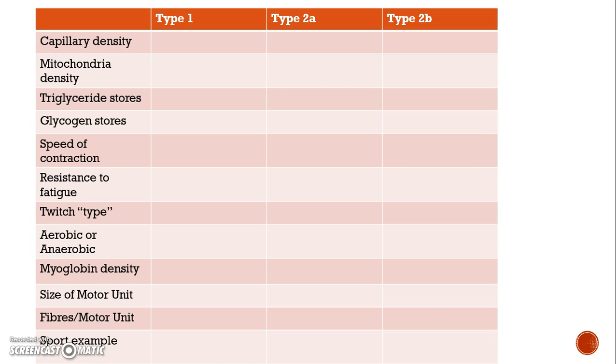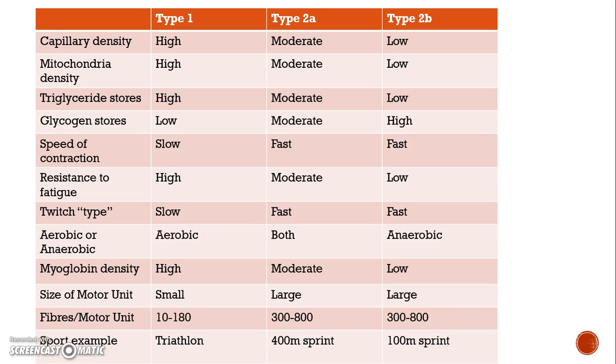Size of the motor unit. If you think about it, your type 2B muscle fibers are really strong, with fast contractions, so it's a big motor unit, whereas it's a lot smaller for your type 1. And then your fibers per motor unit: you can have between 10 and 180 for your type 1. That's because they're not such a powerful muscle contraction.